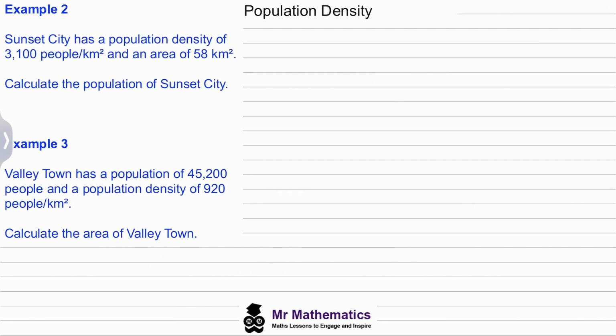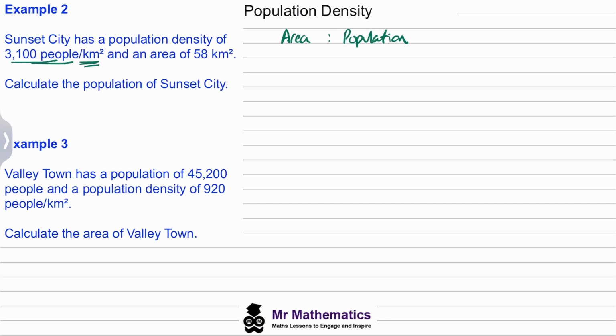So in example 2, we're told that Sunset City has a population density of 3,100 people per kilometre squared and an area of 58 kilometres squared. We need to calculate the population of the Sunset City. So again, we start with the ratio of area to population. But now we use the population density.